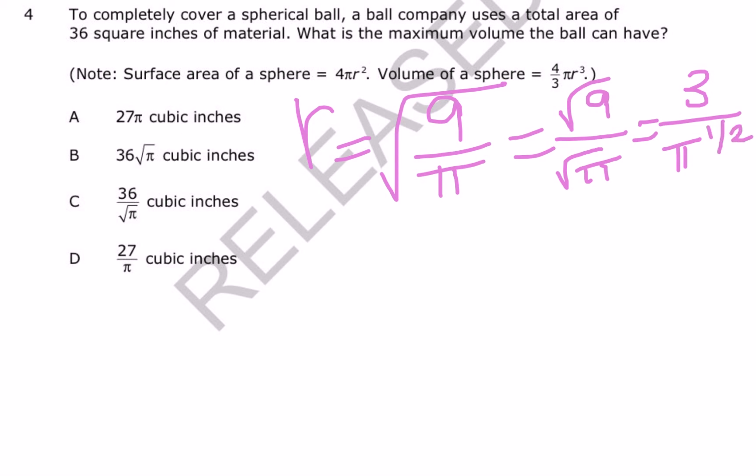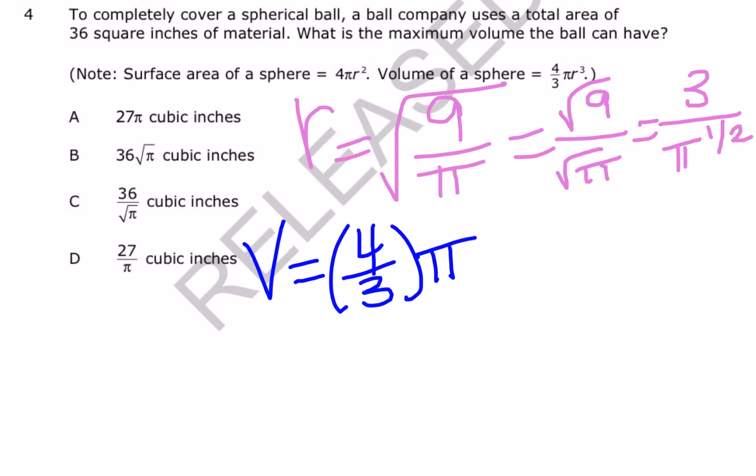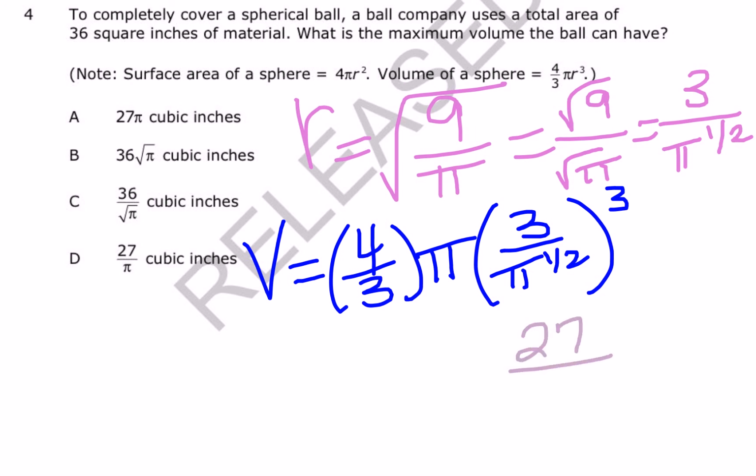So since I'm doing this by hand, I'm going to take that answer and plug it into my volume formula. So then that's going to give me 4/3 pi, and then 3 over pi to the 1/2 cubed. So I'm going to simplify the last parentheses. So that's going to give me 3 cubed, 27.